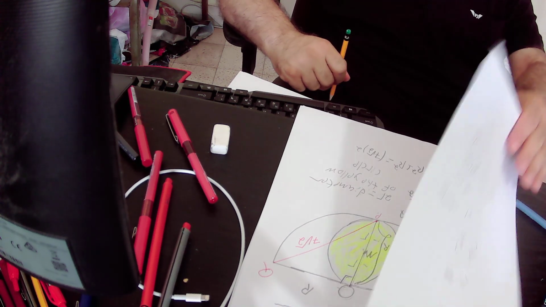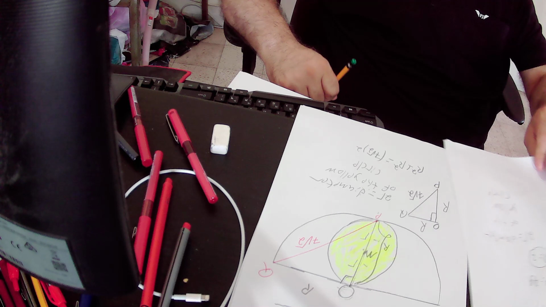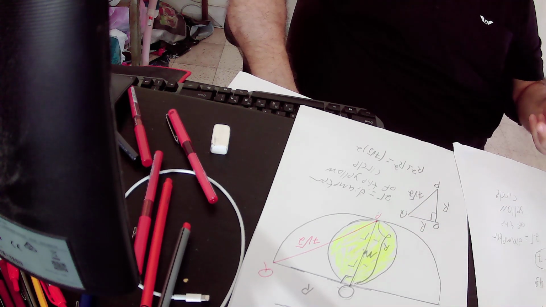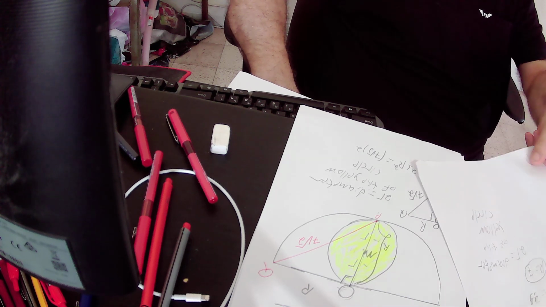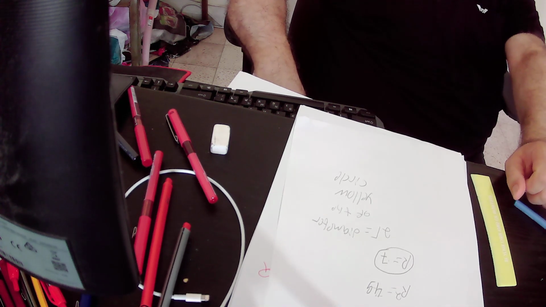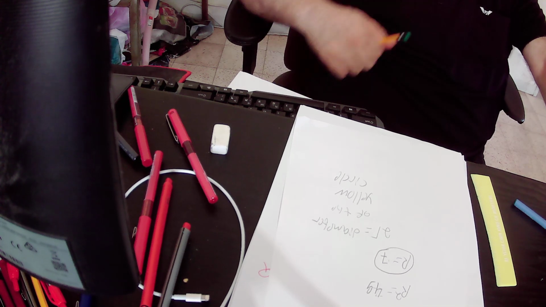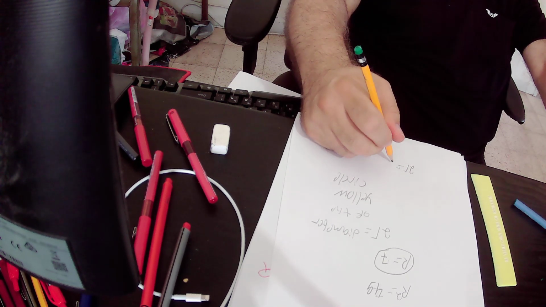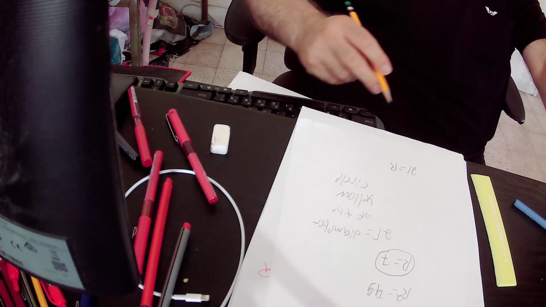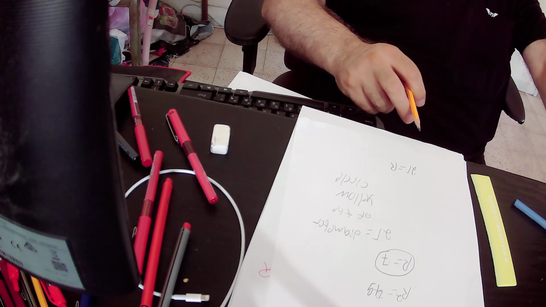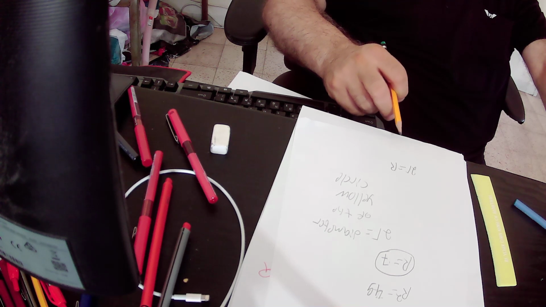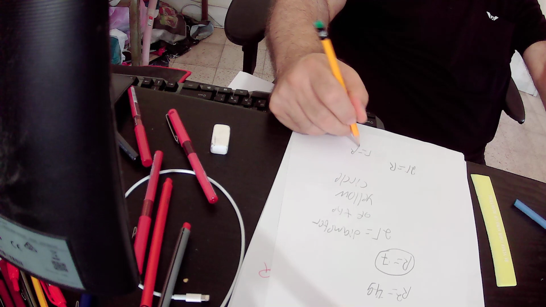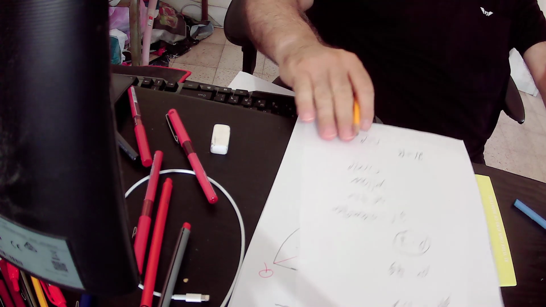So 2 times r also equals capital R. 2 times the radius of the small circle equals the radius of the semicircle. So if 2 times r equals R, then small r equals R divided by 2.